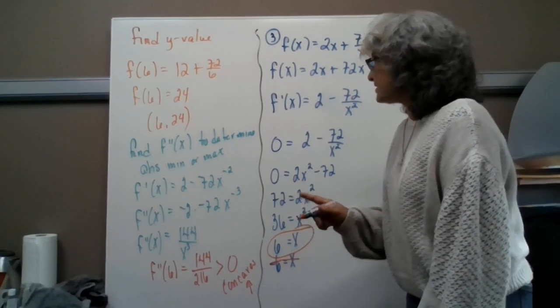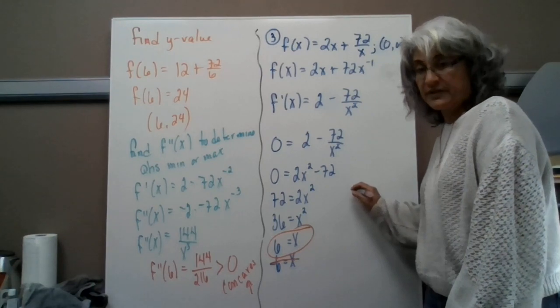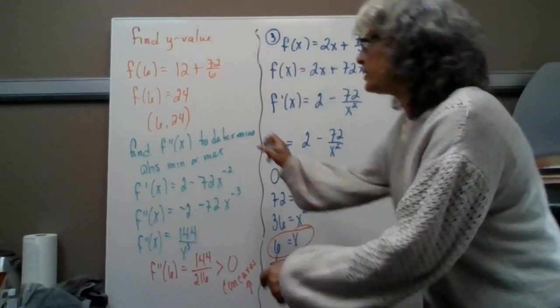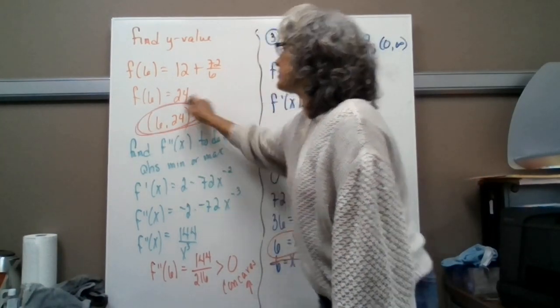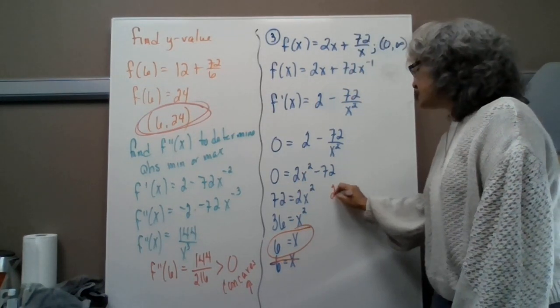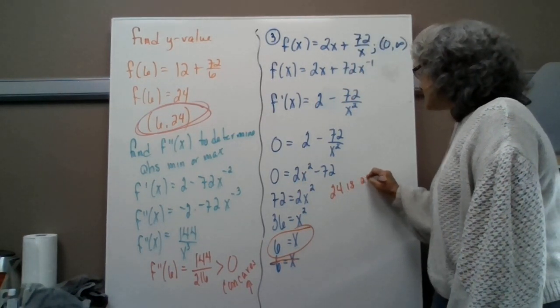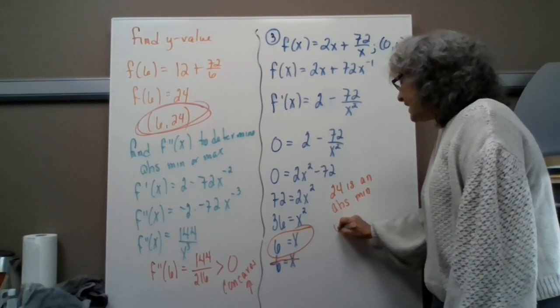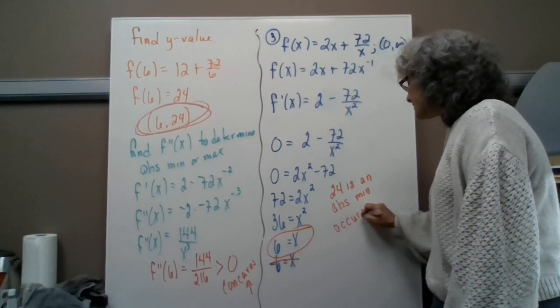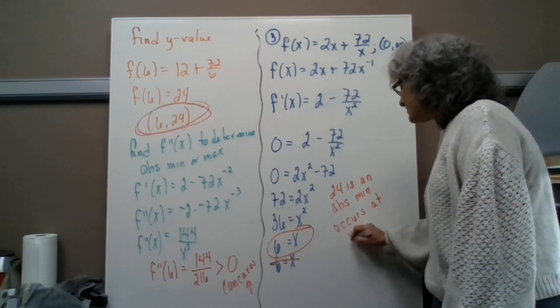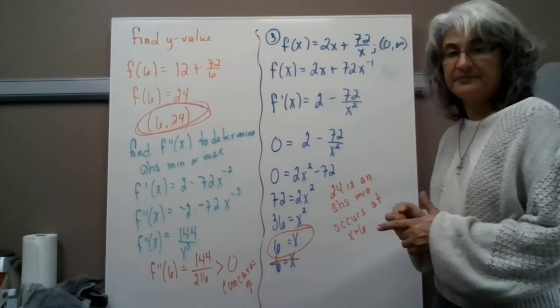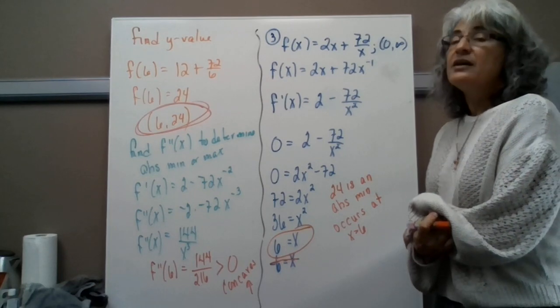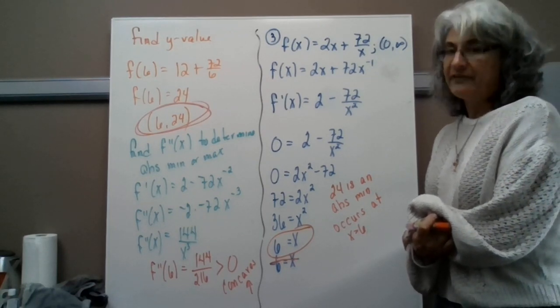So in this particular case, and I'm going to write it over here because I have a little bit more room. Remember, here's your point, 6, 24. So 24 is an absolute minimum, and it occurs at x equaling 6. Hope that helps. Have fun with homework.